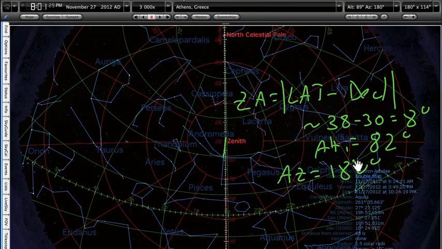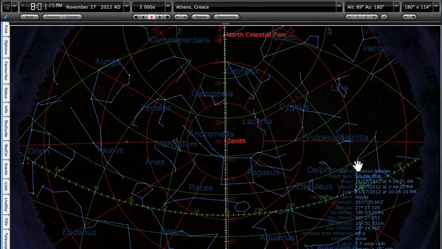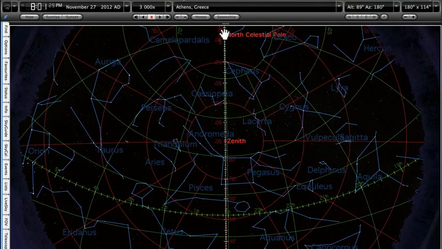And now if we need to observe Alpheratz later or earlier, we simply use the fact that over time the sky rotates about the celestial pole at the rate of 15 degrees an hour, so that if we wait an hour, and we indeed are observing at 9 p.m., Alpheratz will have moved 15 degrees to the next celestial meridian, and indeed that is what we will observe.